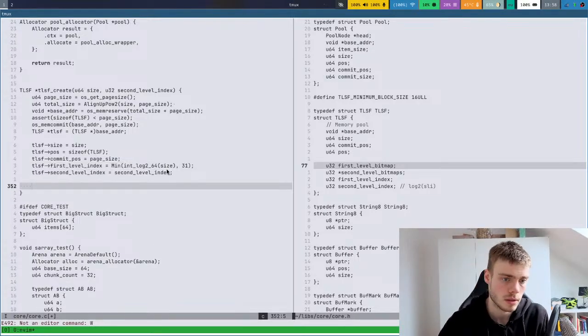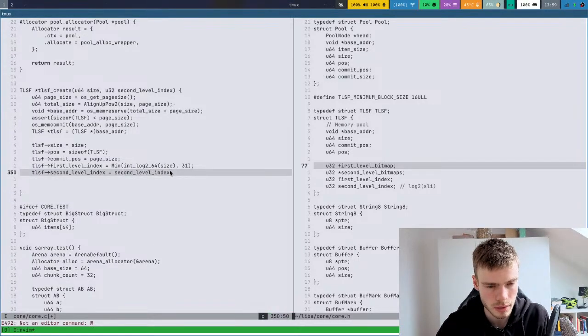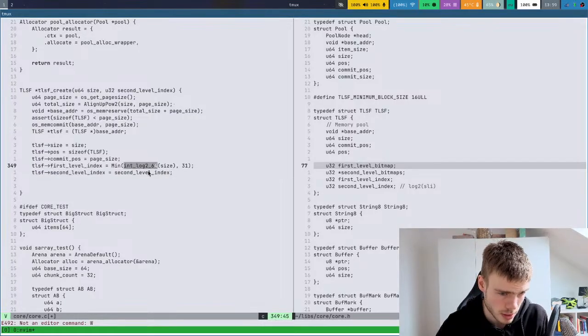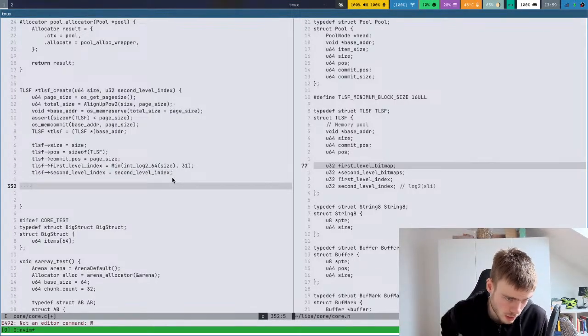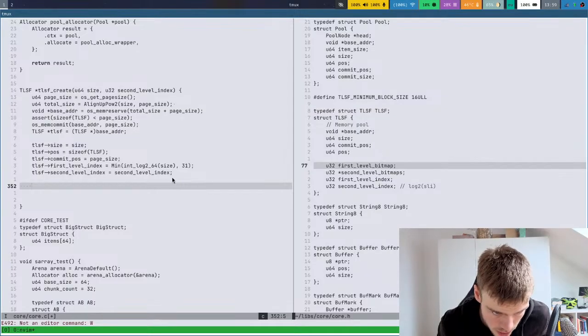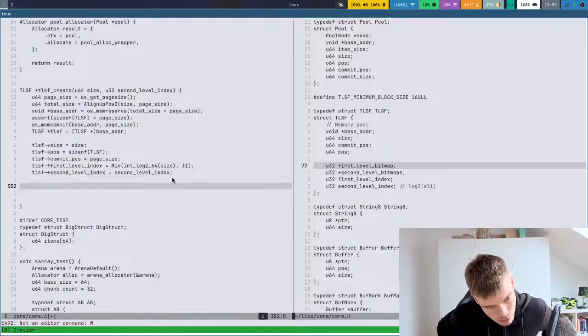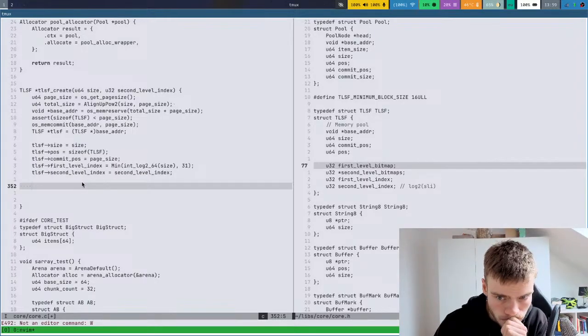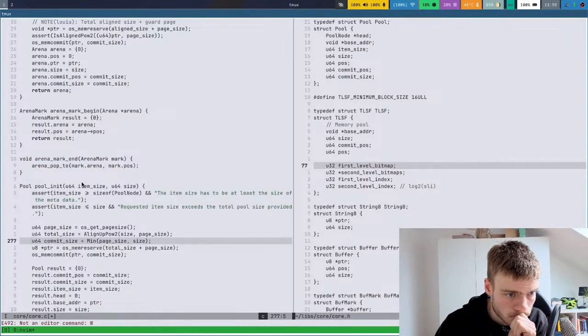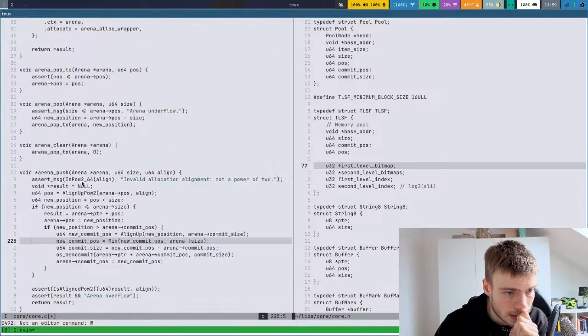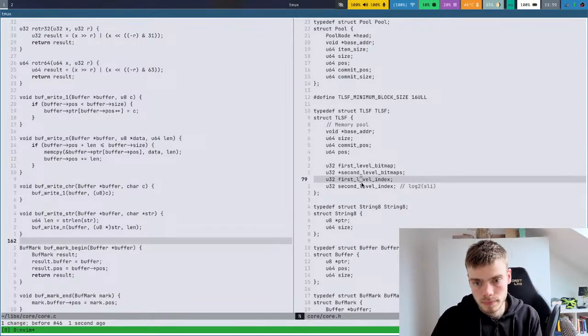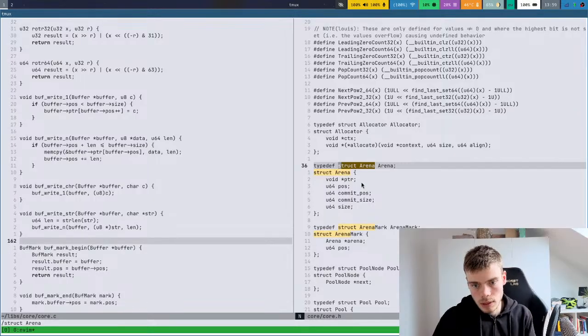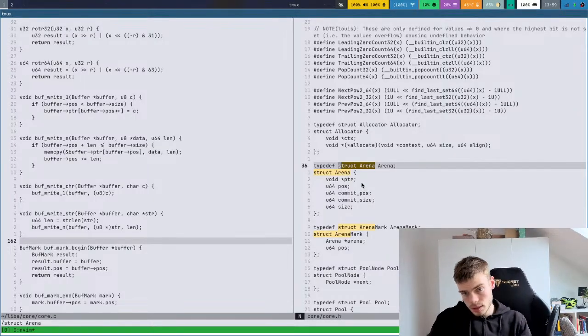Okay, so depending on the first level index, we have to allocate some more stuff. I mean, at this point, I wonder whether it would be harder to wrap this inside an arena. I think that is what we do.